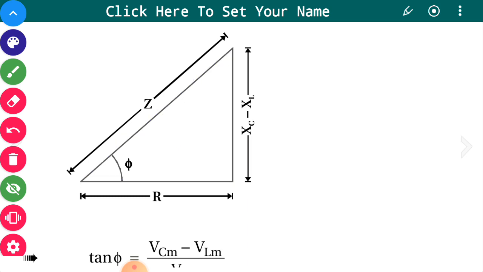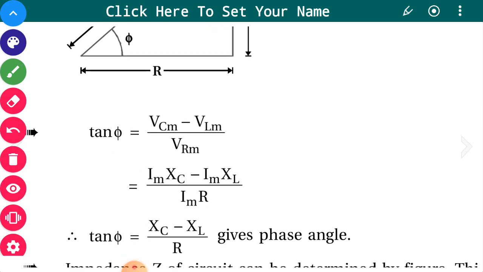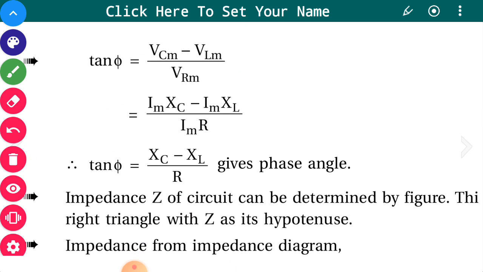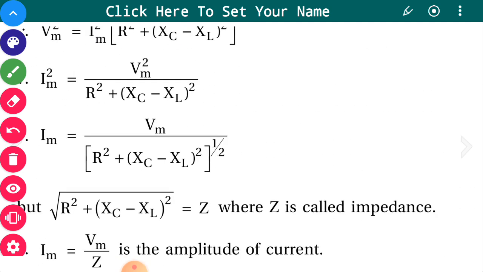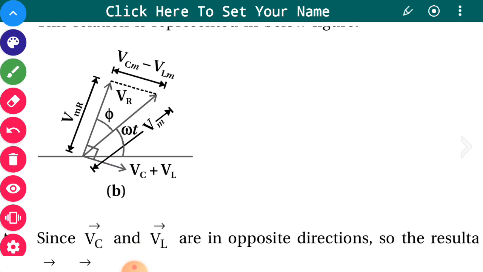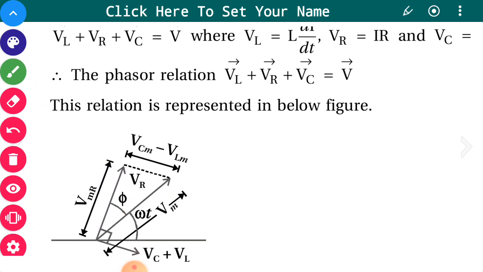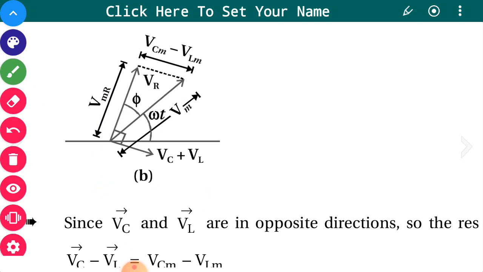Now if you want to find tan phi, it can easily be found. Tan phi is opposite upon adjacent, XC minus XL upon R. Or VCM minus VLM upon VRM, whichever way you want to find it.